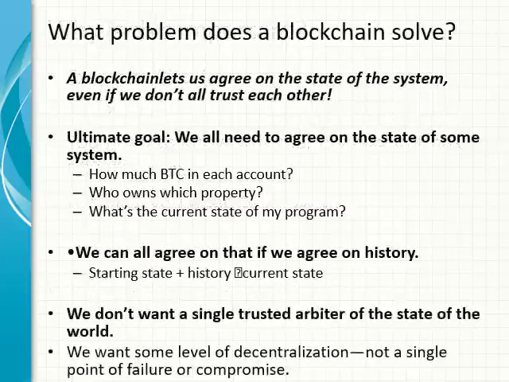So what problem does blockchain solve? In blockchain, every participant has to agree on the state of the system, and these participants don't trust each other. But if they agree on the state of the system, if they agree on some transaction, then that transaction will be processed and that block will be inserted in the blockchain.